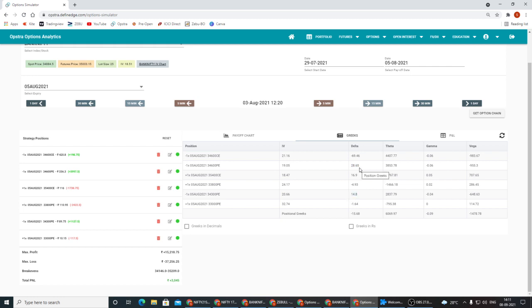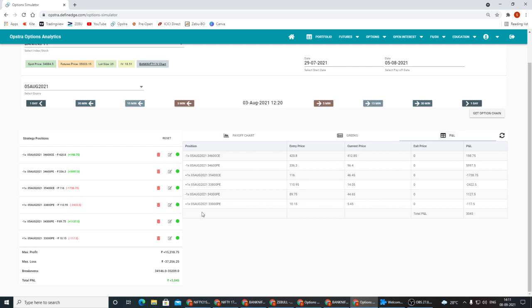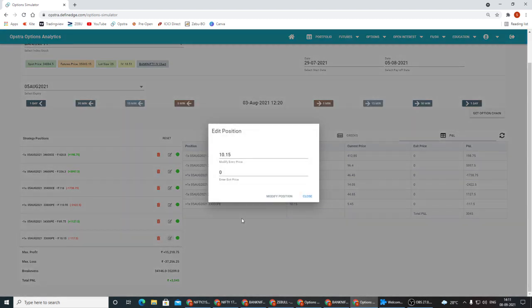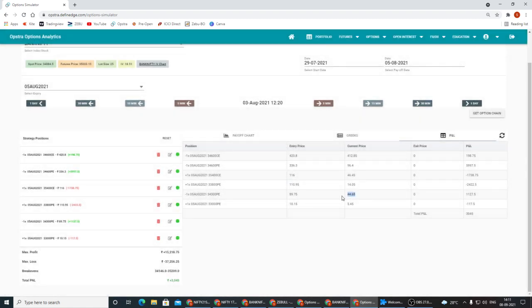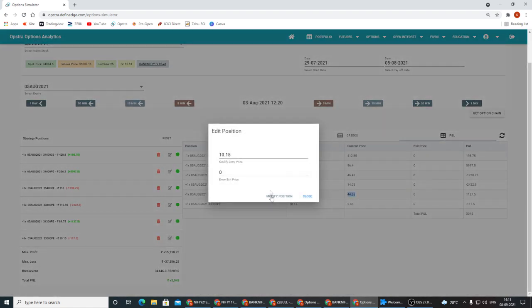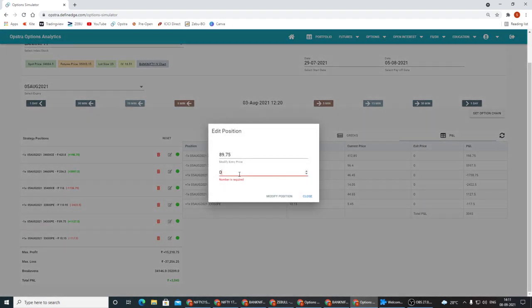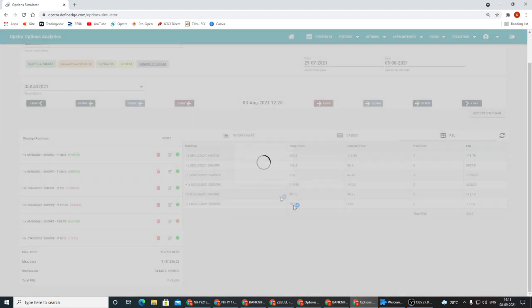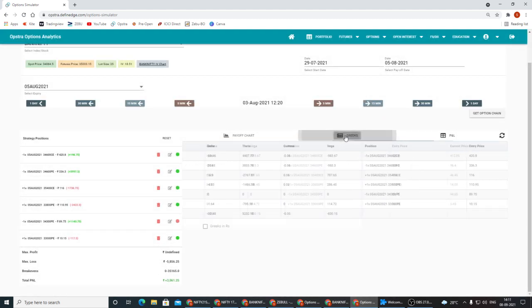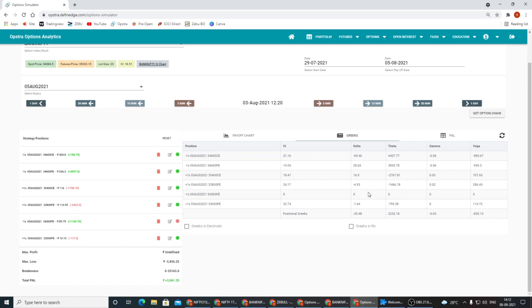So what we are going to do now, we will close this put here, 34,300, which is around 44. Okay, now I am going to buy another put around 30 delta.